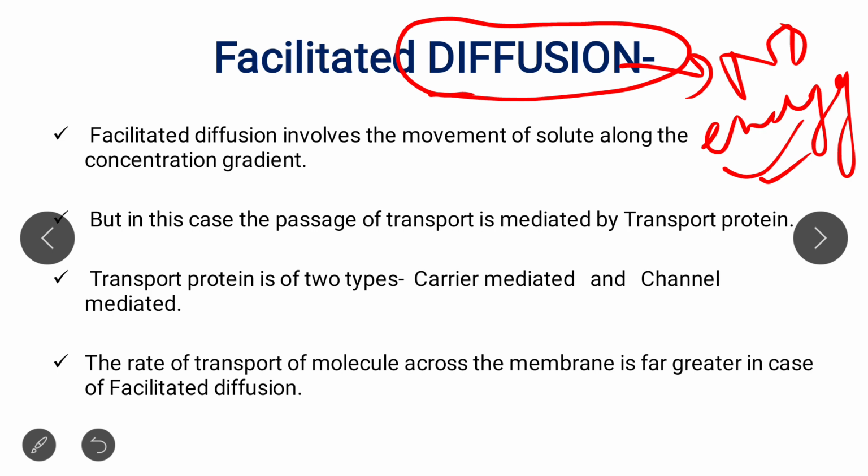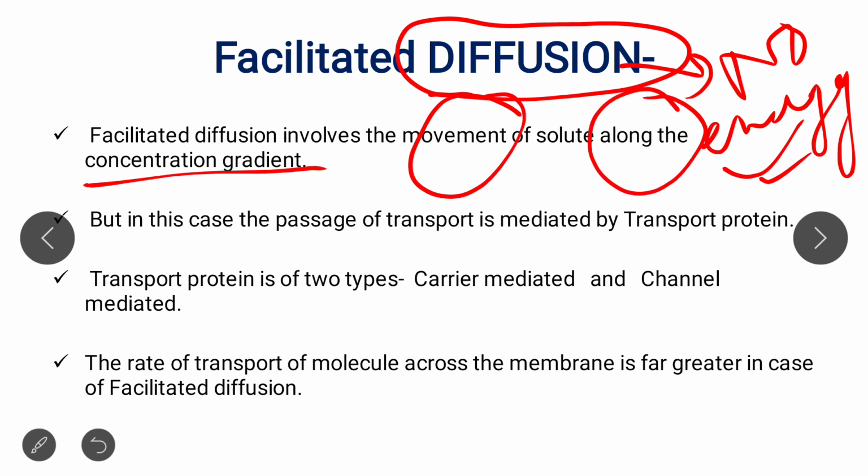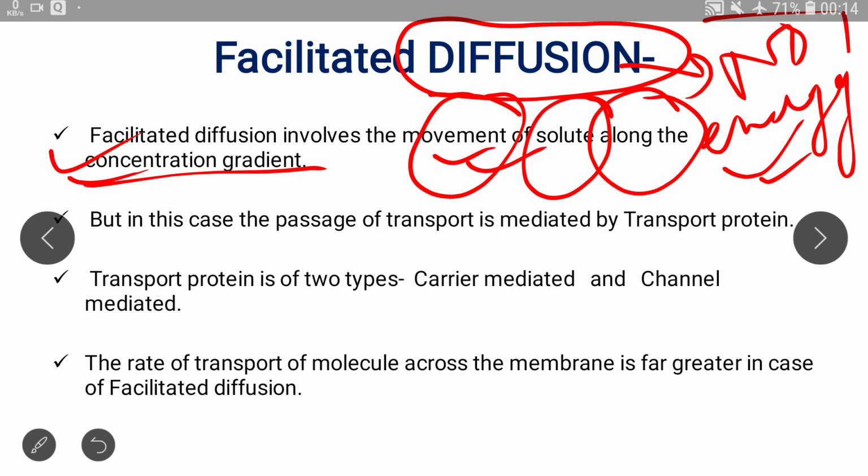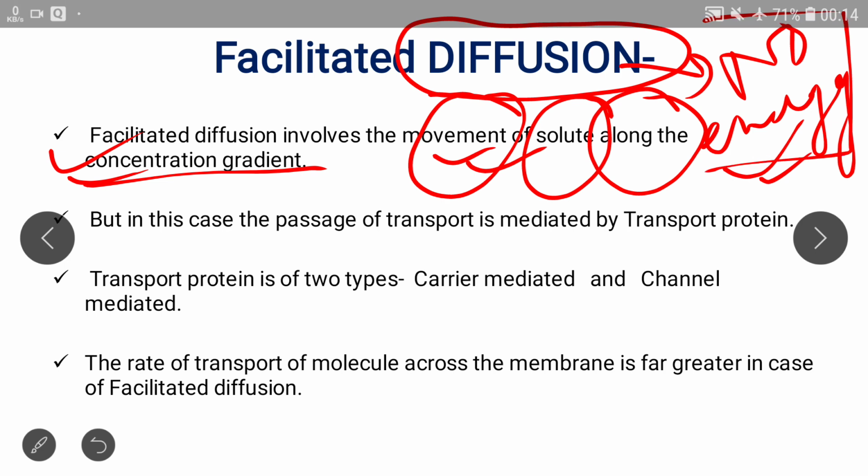The main thing is that the movement of the substance or molecules is along the concentration gradient. In facilitated diffusion, the movement of solute is along the concentration gradient, and when substances move along the concentration gradient, no energy is required.